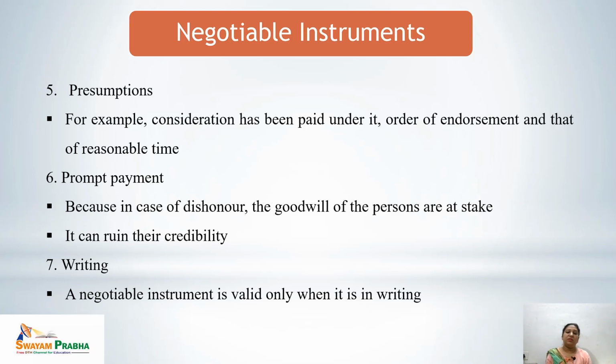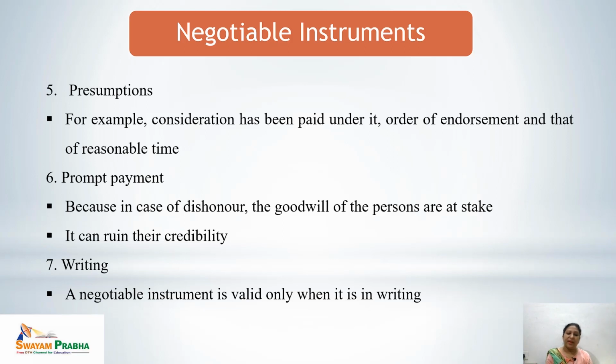Goodwill at stake can ruin the credibility of the party, so it would create problems in business in future also. It would just ruin the name of the parties involved. So negotiable instruments have the characteristic of prompt payment.